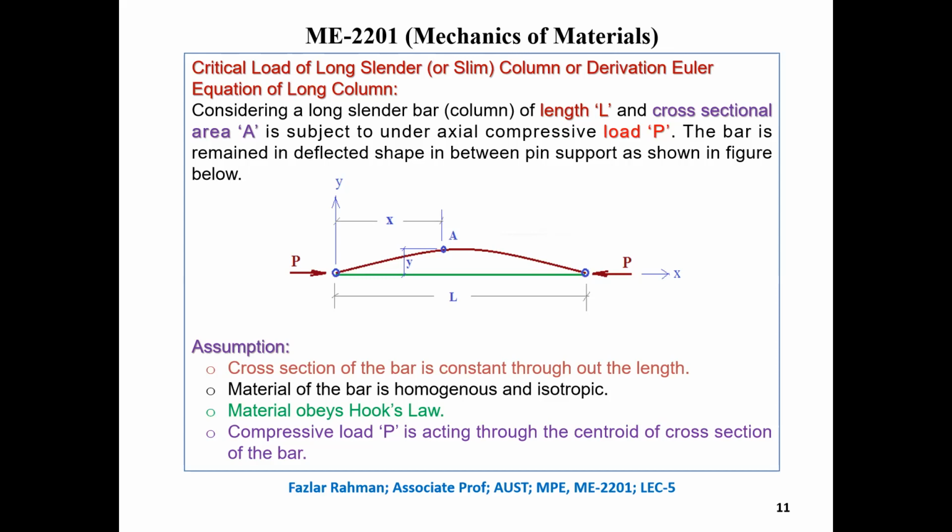For the Euler and Johnson equations, the load will pass through the CG or centroidal axis of the column.